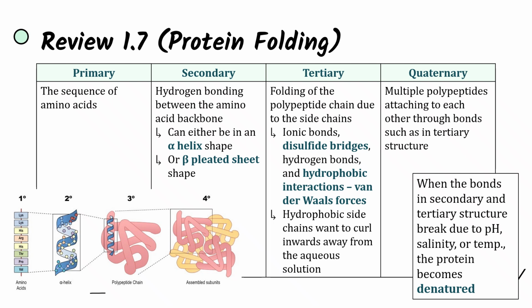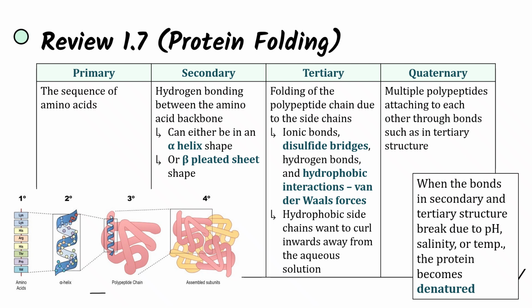What this means is that some amino acids are going to be very nonpolar, so they're going to want to be in the very interior of the protein, whereas some will be polar. They want to be in the exterior, surrounded by the water or whatever other solution is outside the protein.